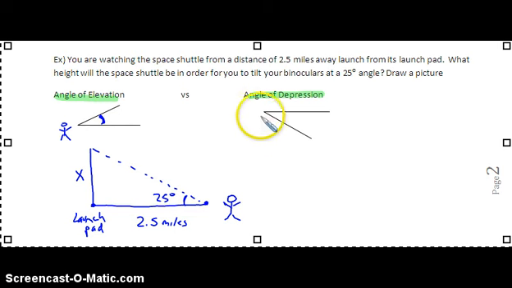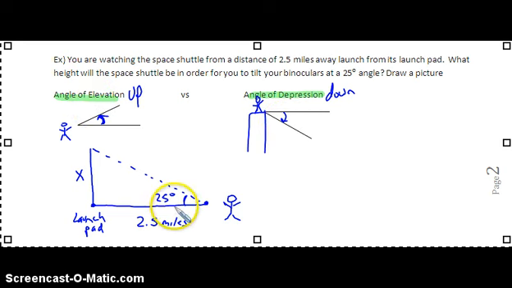So let's say you're standing on the top of a building, maybe. So if you're standing up here, it's the angle that you're looking down at something. So I'll just draw some arrows to show that. And this is the angle looking down at something. Okay, so if you think about looking straight out, going from the straight-out horizon looking down, that would be the angle of depression. The angle of elevation is from the ground looking up.